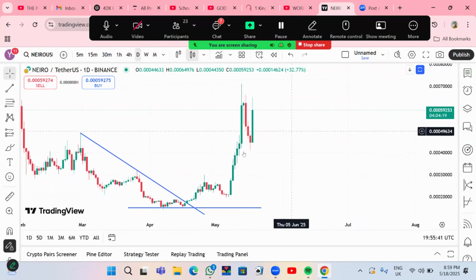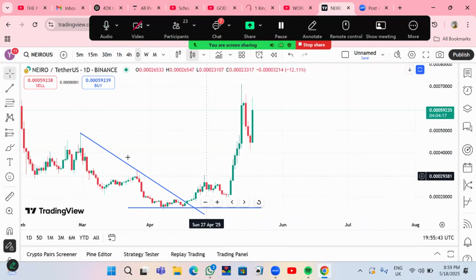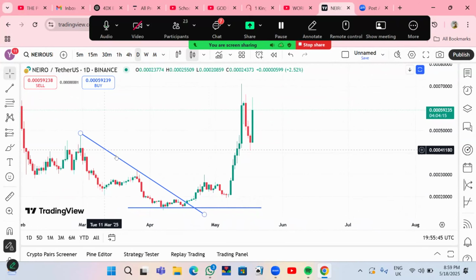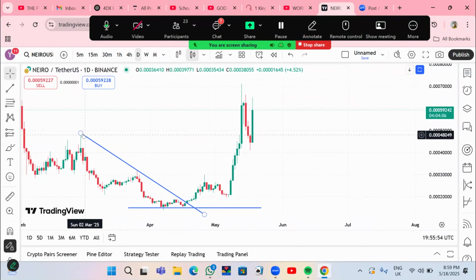Sorry, this was our last high after price broke this trend line. You always need to draw trend lines and support lines to analyze the market. That's how I analyze the market. If I don't draw these trend lines, I will not be able to analyze.